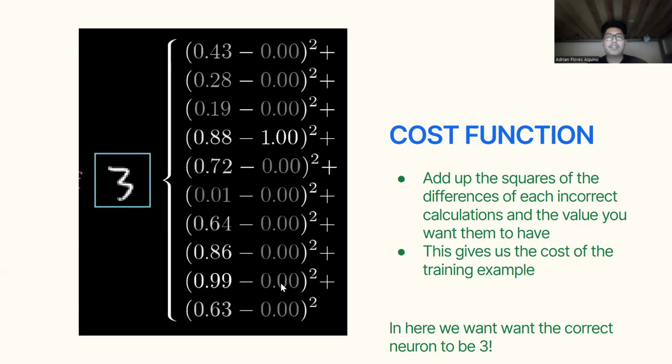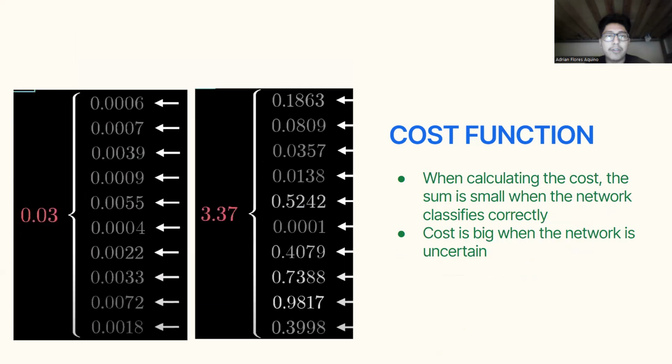And then once we do so and add up all the squares and the final results, you will get something like this. Once you do the summation of all of them, you would either have a small number, which would be 0.03 in this example, or a big number, which would be 3.37 in this example.